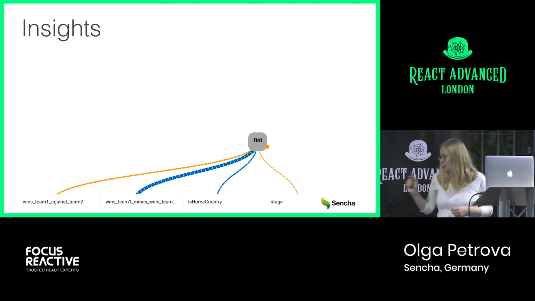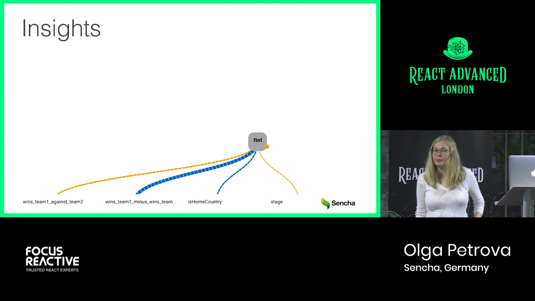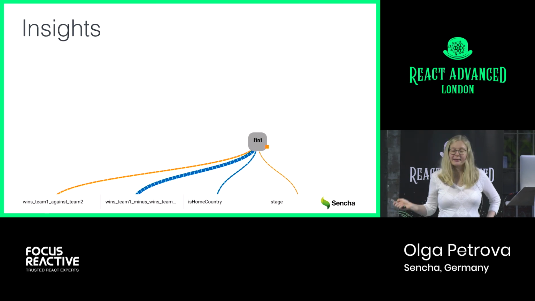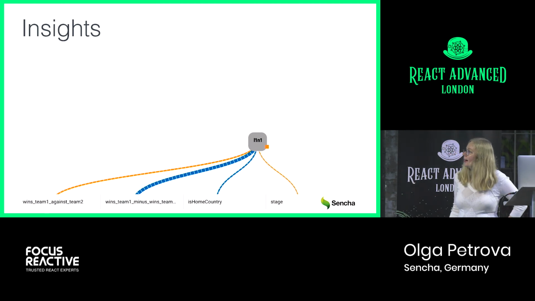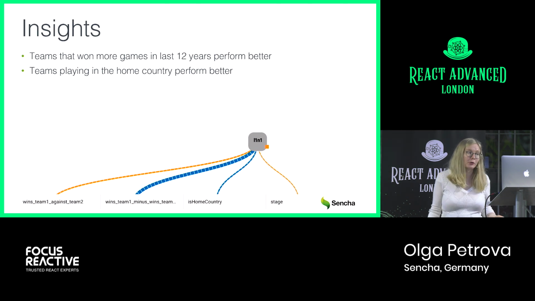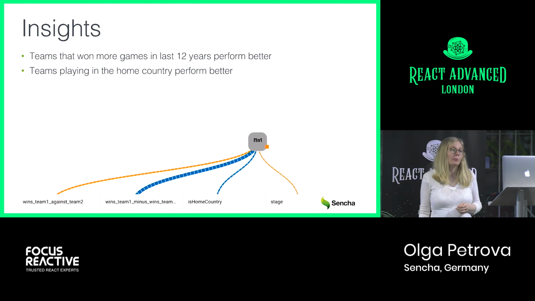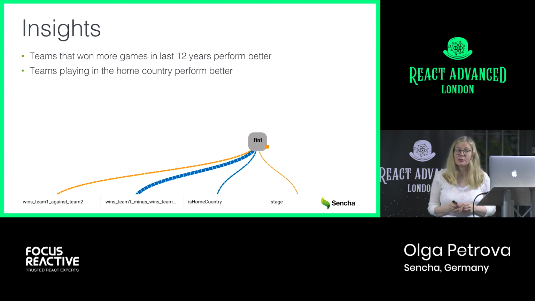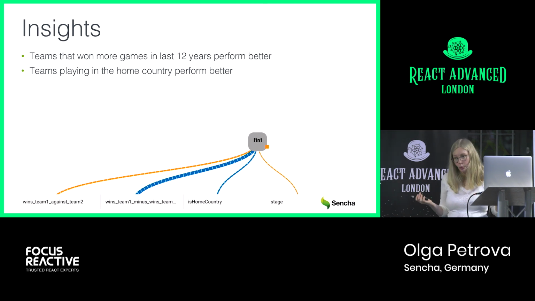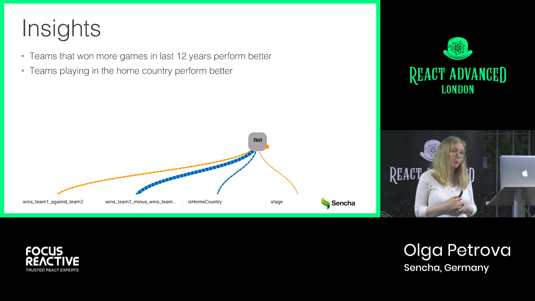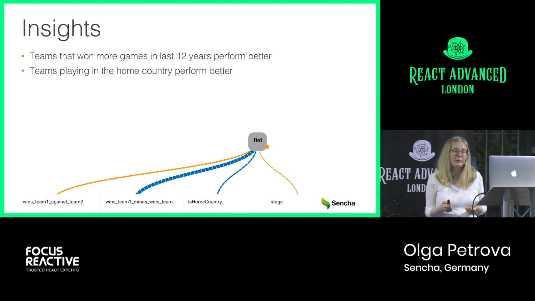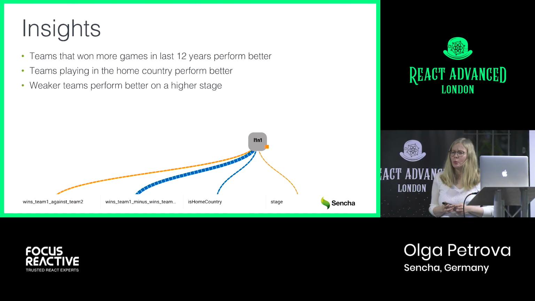And based on this visualization, the final state of my model, I can tell some interesting insights. The first 2 are kind of obvious. Teams that won more games in the last 12 years perform better, obviously. Teams playing in their home country perform better. Yeah, kind of obvious. The third one was not so obvious, at least for me.